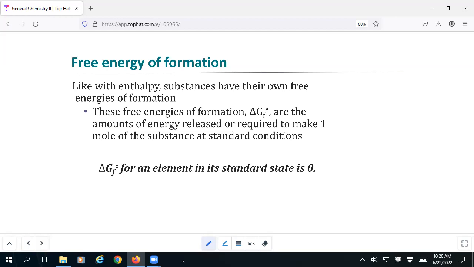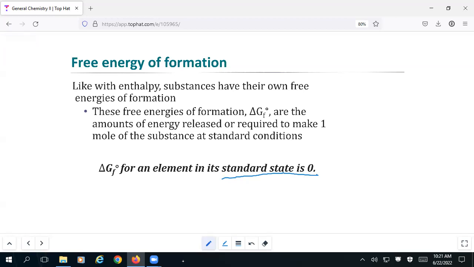which means since we are talking about the formation of a substance from its component elements, if we are talking about an element, the free energy of formation for that element in its standard state is 0.